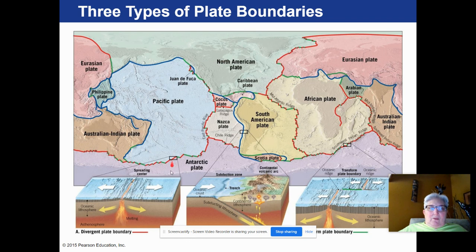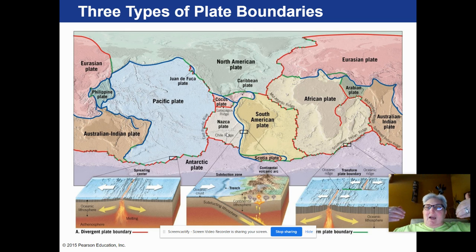So we determined that there were basically three types of plate boundaries, right? Two are really important. Ones that are divergent, which means those plates are moving apart from one another.